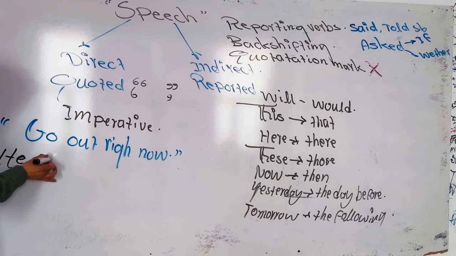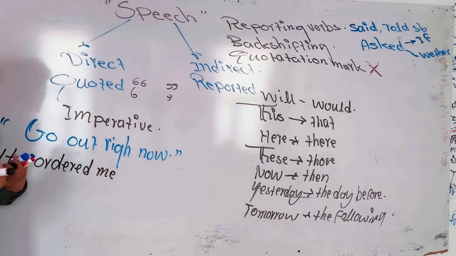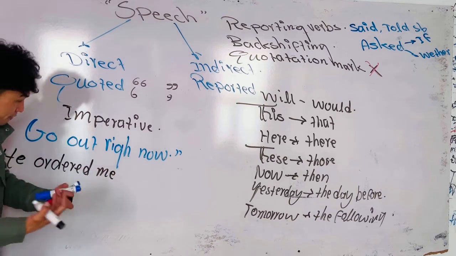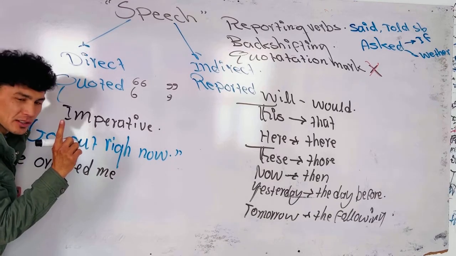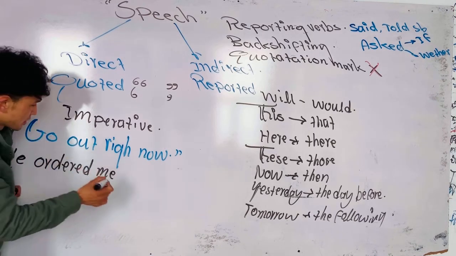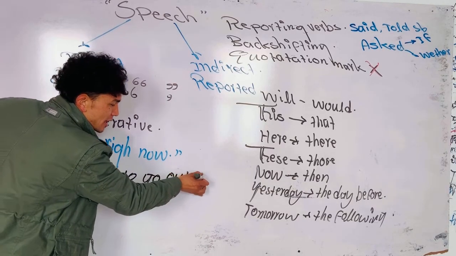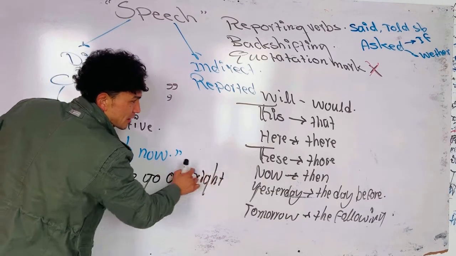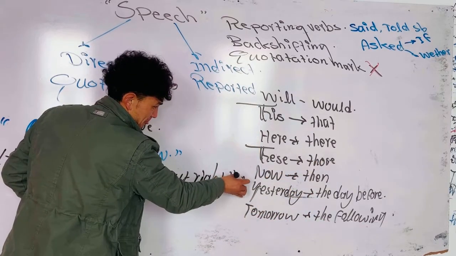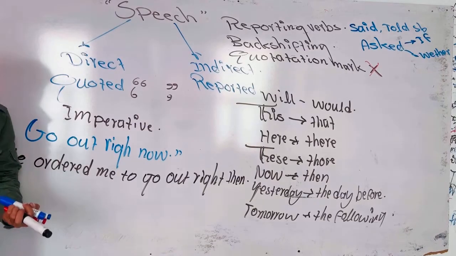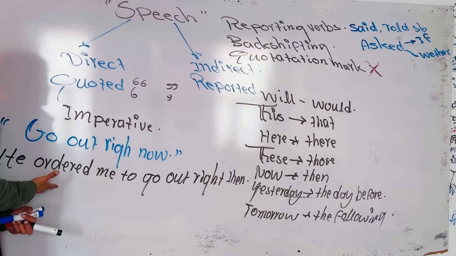He ordered me to go out right then. Remember the infinitive, to go out. Right now becomes right then. You understood? Isn't it so simple?